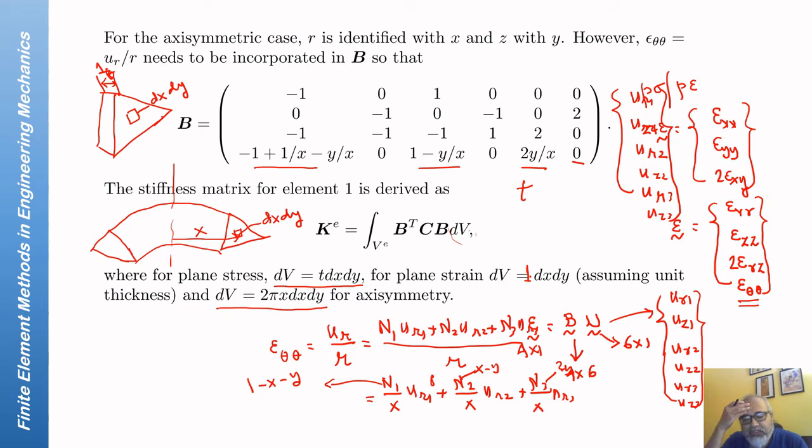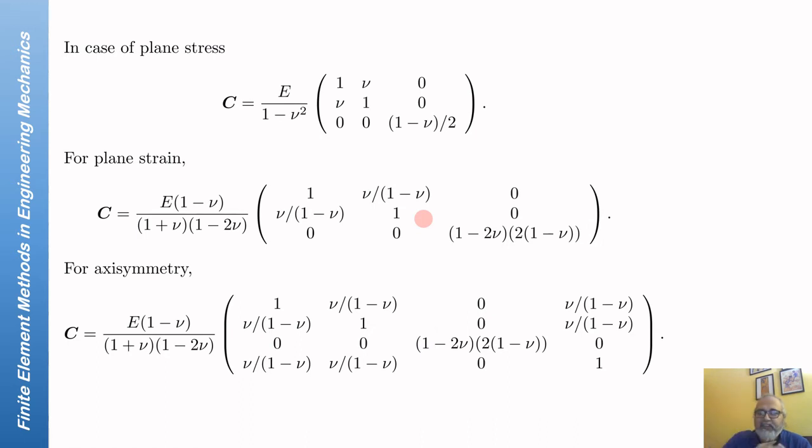Okay, so there's one more difference that we have to take into account, which we have discussed before, and that is the definition of this matrix C, the stress strain relation, which is different for plane stress, plane strain, and axisymmetry. So in case of plane stress, this is what you have to use. We have discussed this before. In plane strain, remember the stresses that we are using are also sigma xx, sigma yy, and sigma xy for plane stress and plane strain.